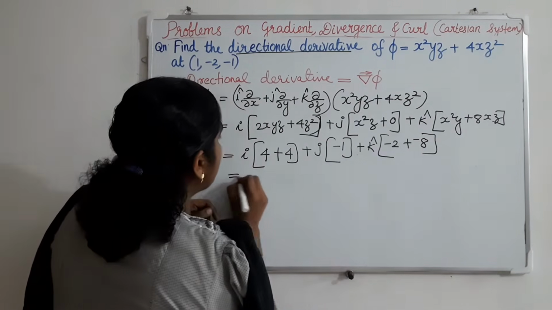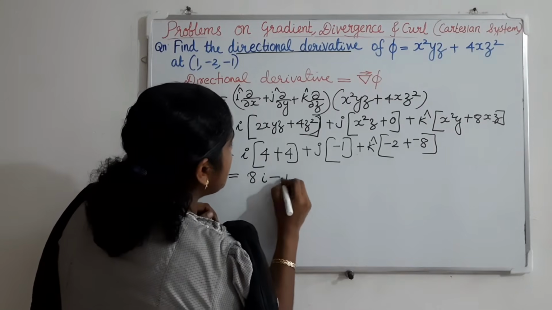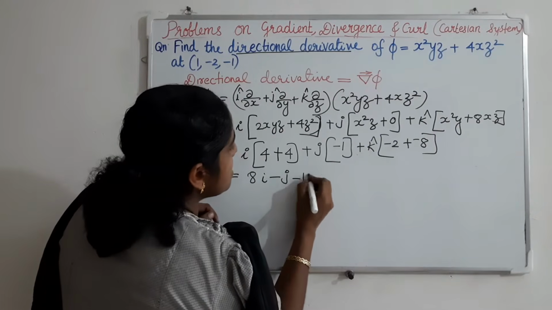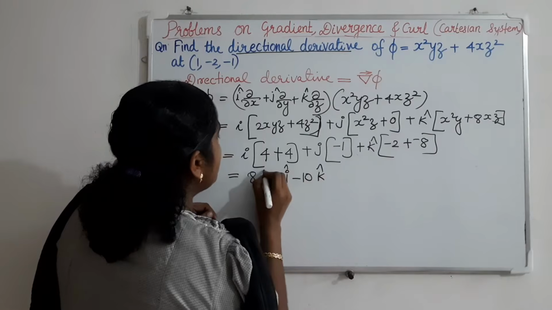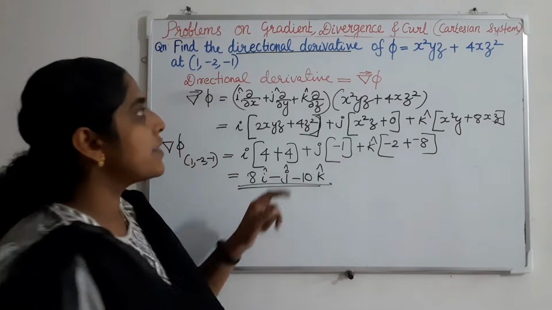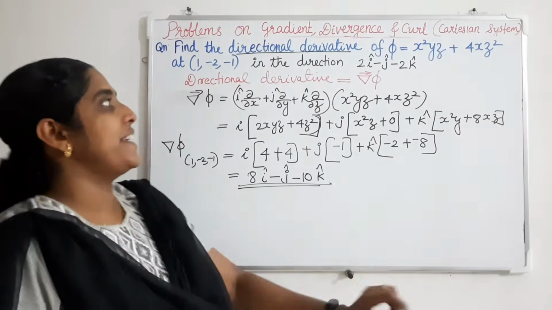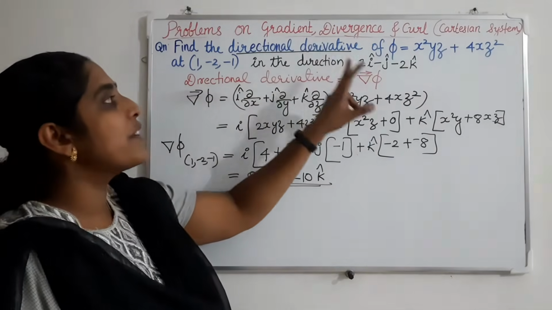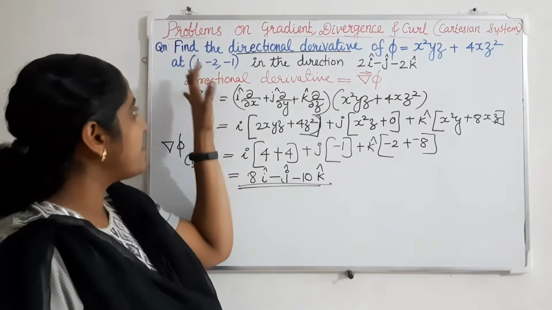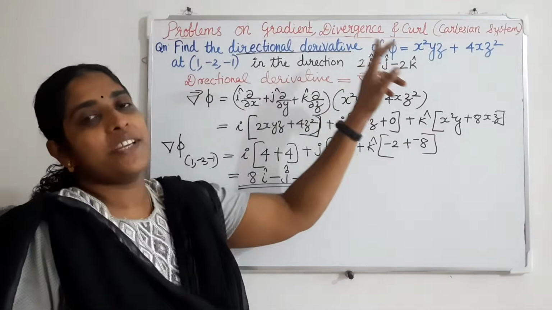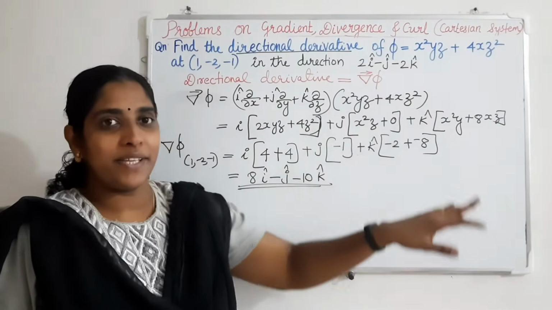So that is equal to 8i − j − 10k. So this is the directional derivative of the given function. Now in the same question, there is some modification. Find the directional derivative of this function at the given point in the direction 2i − j − 2k.